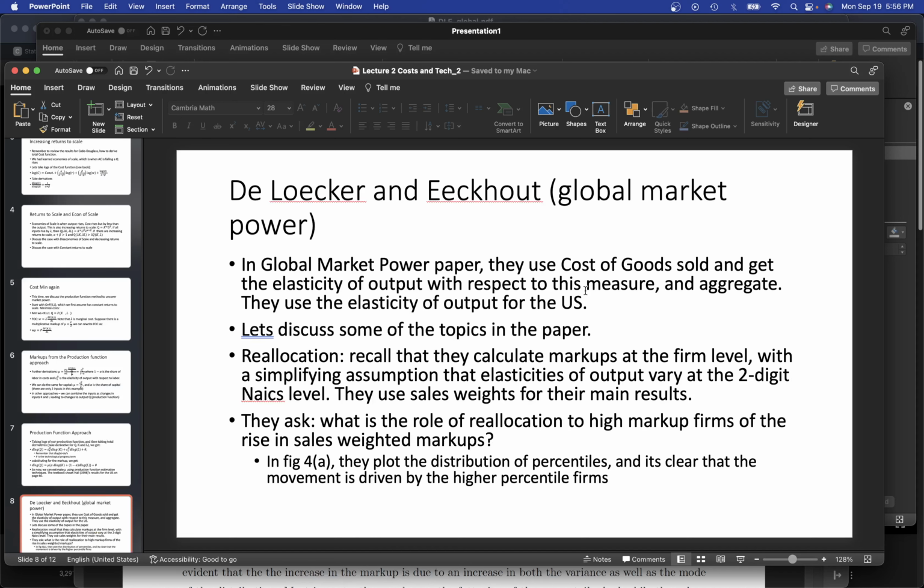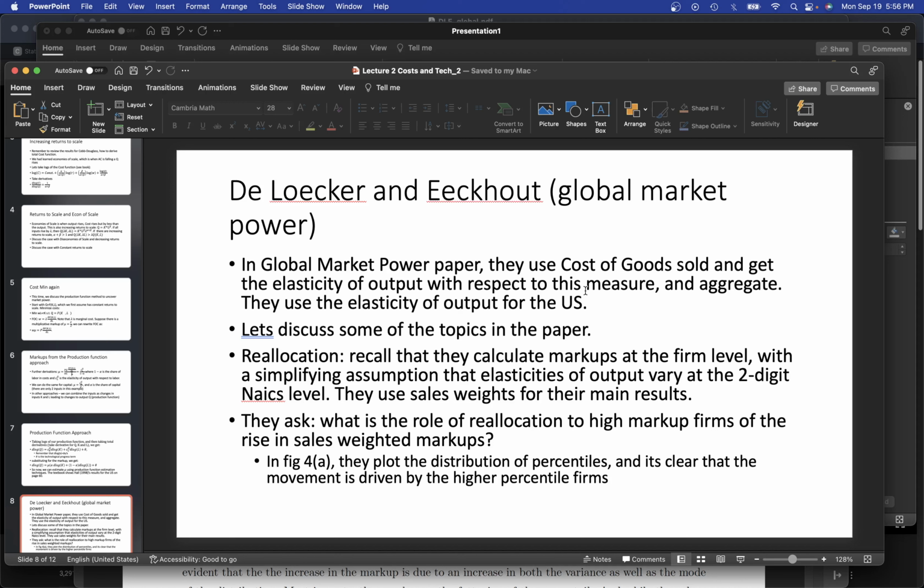Is it true that markups are rising, or alternatively, is it true that sales are being redistributed to high markup firms? Is it a composition effect, or is it in fact because markups are rising for everybody?